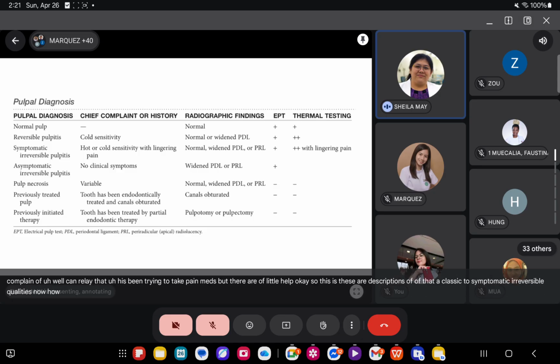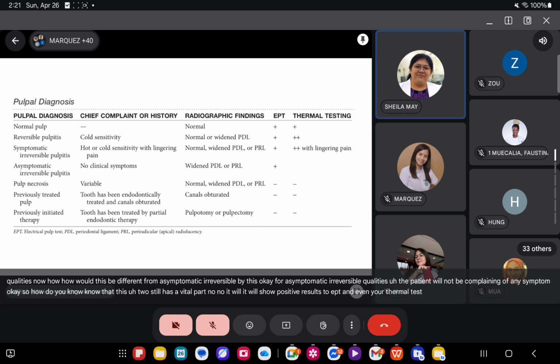Now, how would this be different from asymptomatic irreversible pulpitis? Okay, for asymptomatic irreversible pulpitis, the patient will not be complaining of any symptom. So how do you know that this tooth still has a vital pulp? It will show positive results to EPT and even your thermal test. Okay.